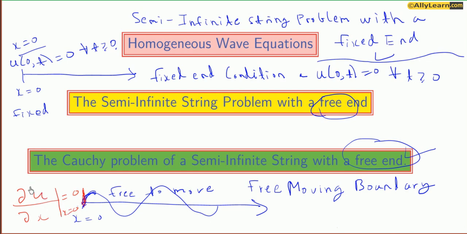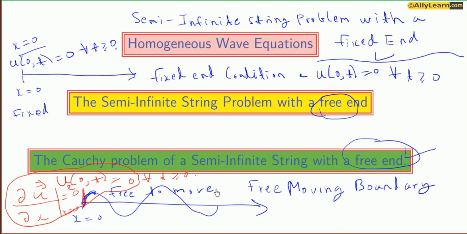So this we can also write as u_x(0, t) equals 0 for all times. So the partial derivative of u with respect to x at the point (0, t) equals 0 for all t's. This is the mathematical expression for the free moving boundary condition.